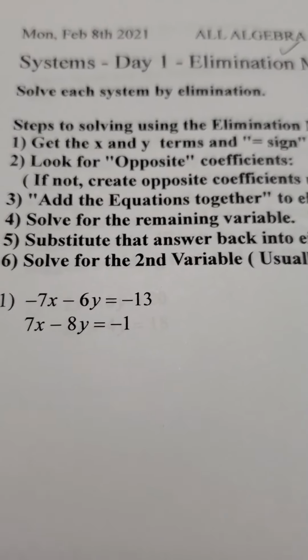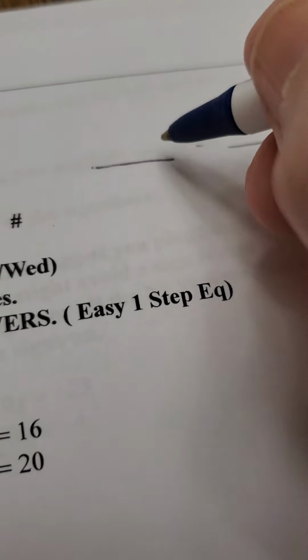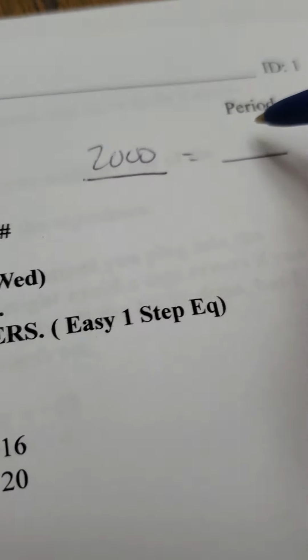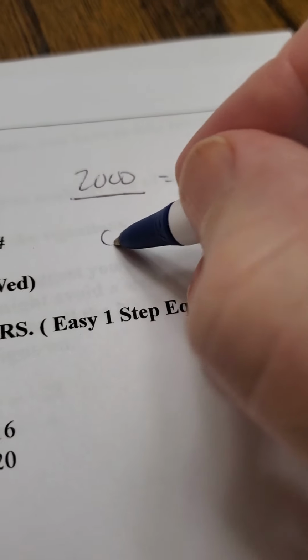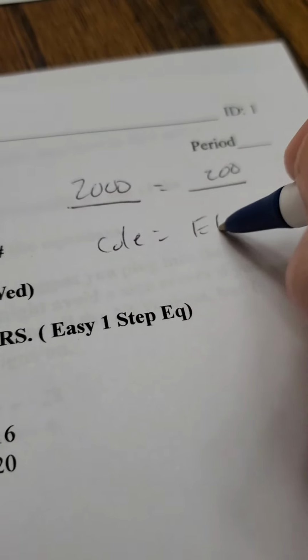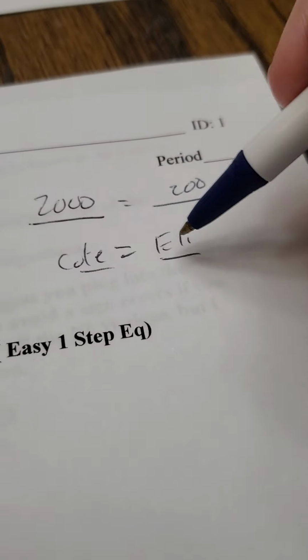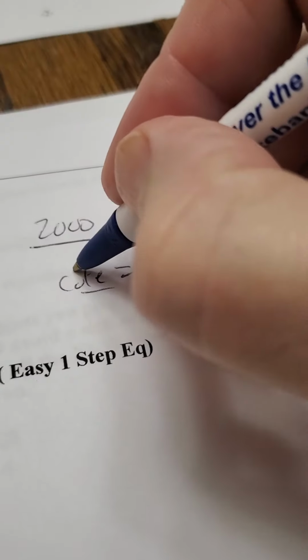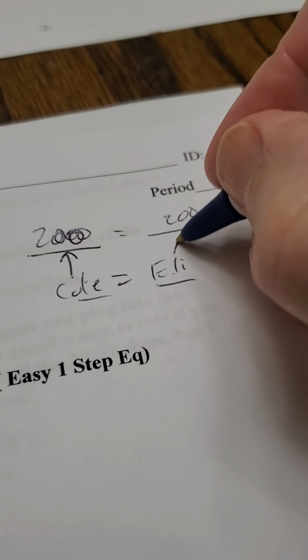I want to talk about the logic of that. If we have 200 pounds here and 200 pounds here in one equation, and in the other equation we have that Cole weighs the same as Eli, I'm going to add Cole to this side, and I'm going to add Eli to this side.